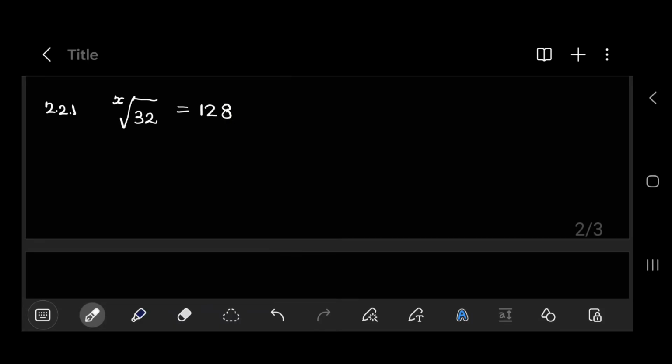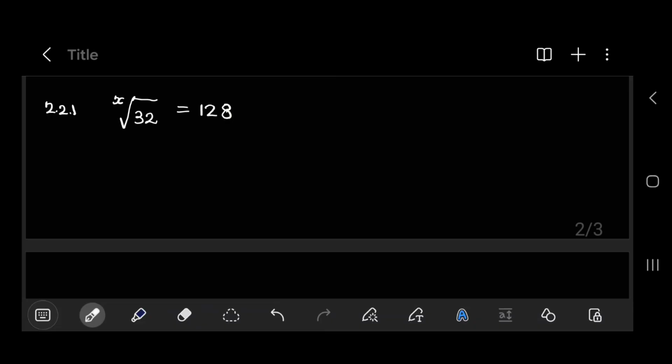So we learned in grade 11 that any surd can be converted to a rational exponent. What does a rational exponent mean? A rational exponent means a fraction.